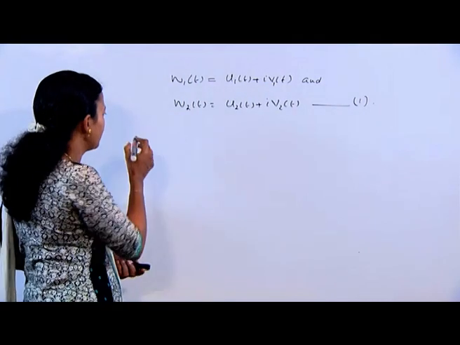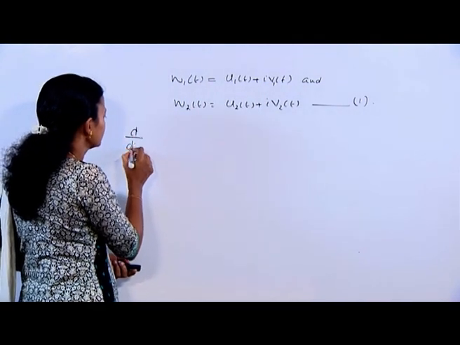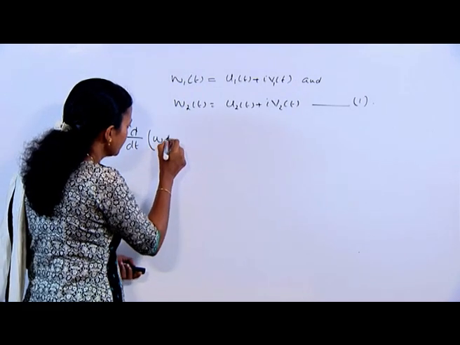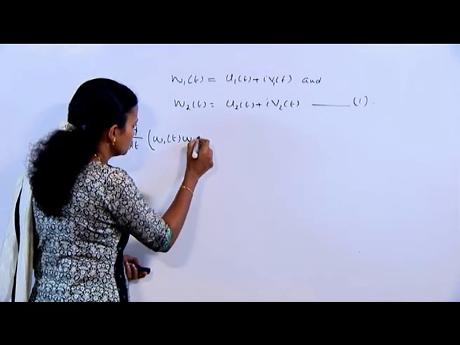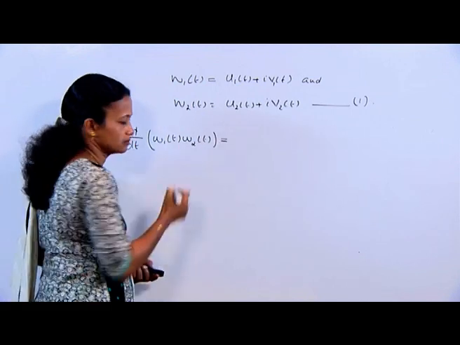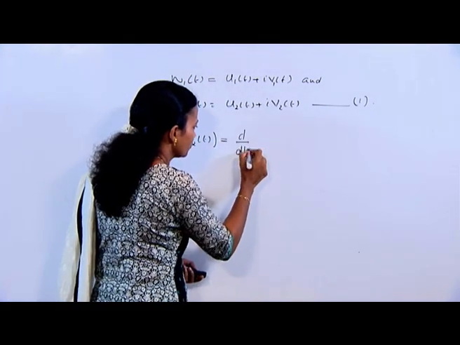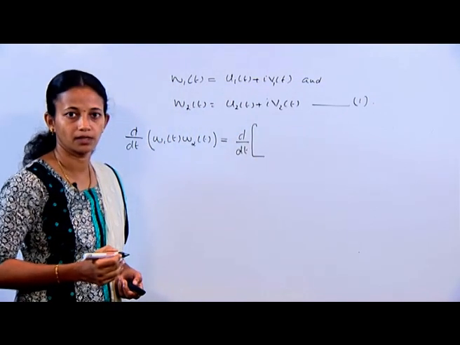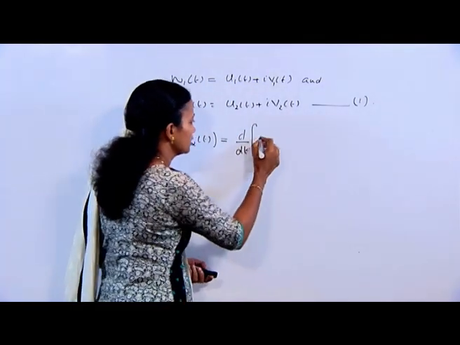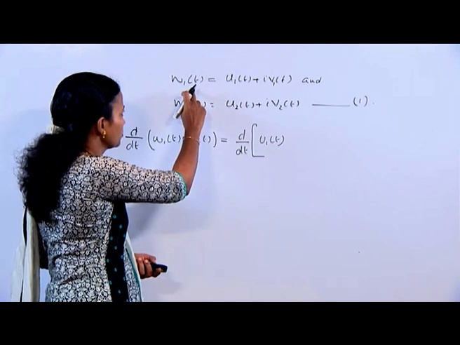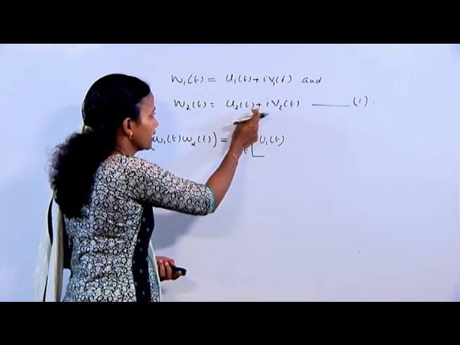Then we have d/dt of w1(t) into w2(t), which is equal to d/dt of u1(t), that is, replace w1(t) by this and w2(t) by this one.